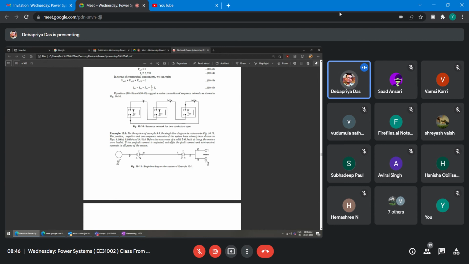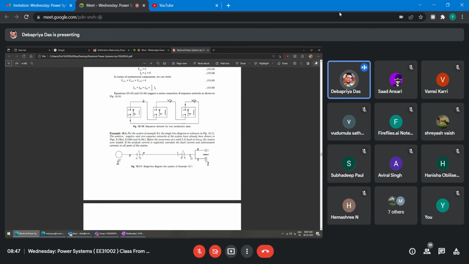Before the occurrence of a solid line to ground fault at line G, the motors were loaded. If the pre-fault current is neglected, even if it is not mentioned in the exam, you assume it is neglected. Calculate the fault current and subtransient current in all parts of the system, right?